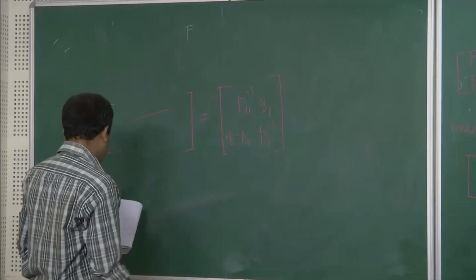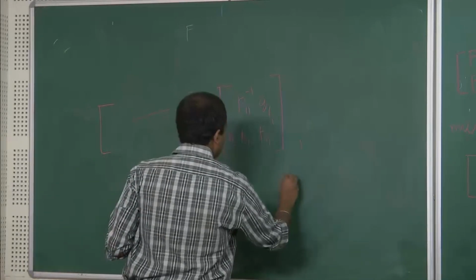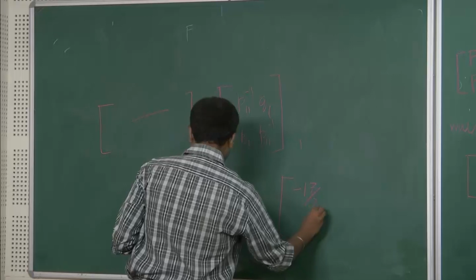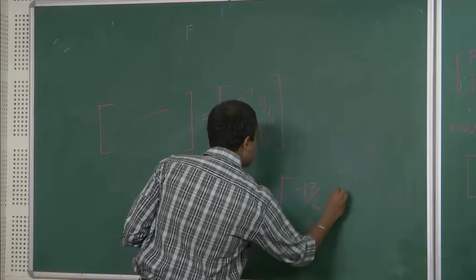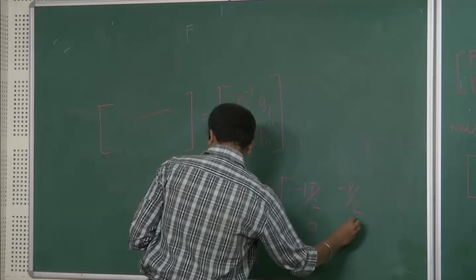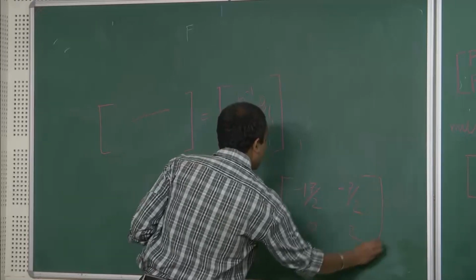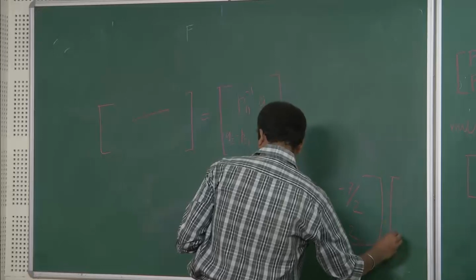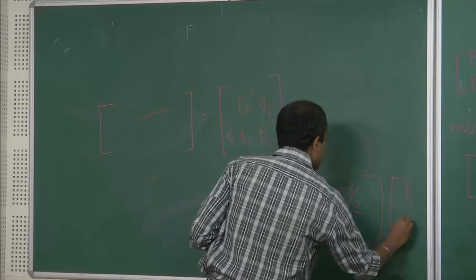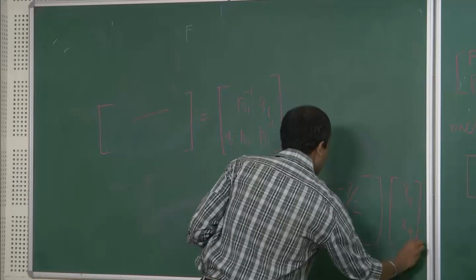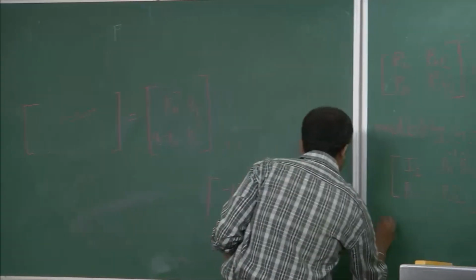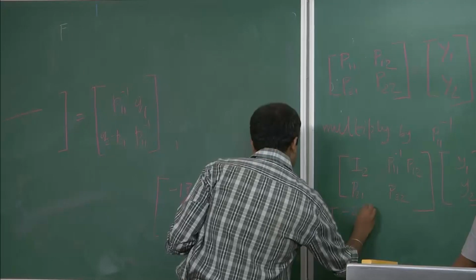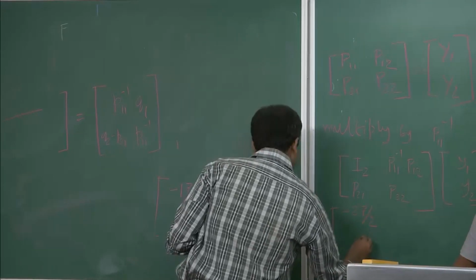From this we will end up getting this, the matrix as minus 17 by 2, 0, minus 7 by 2, 2 into x3 x4 is equal to minus 27 by 2, 2.